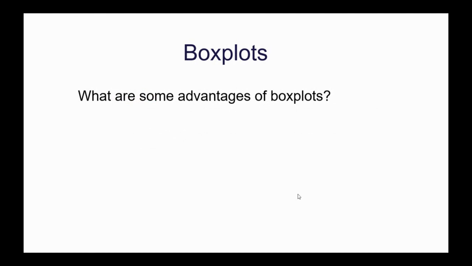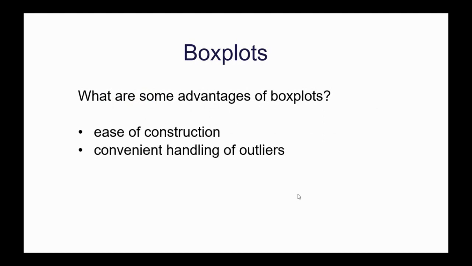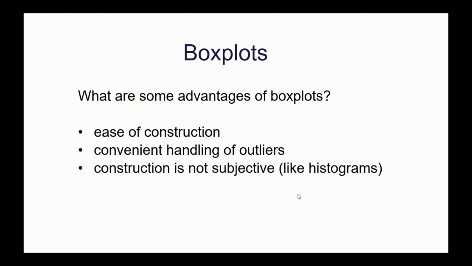So what are some advantages of box plots? Well, for one, they're easy to draw. They conveniently handle outliers. We can clearly see what's an outlier and what's not. Their construction is not subjective like histograms. We're not making classes or anything like that.